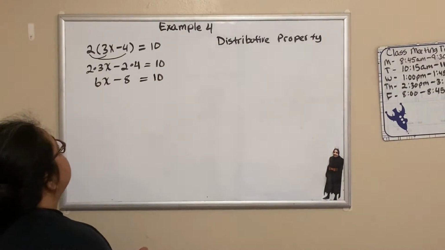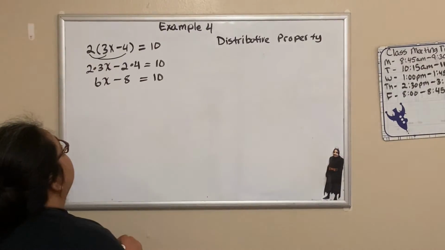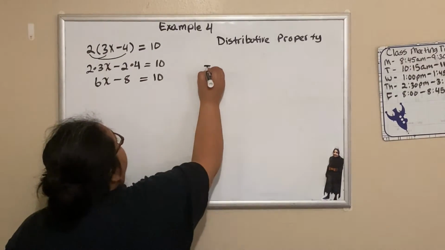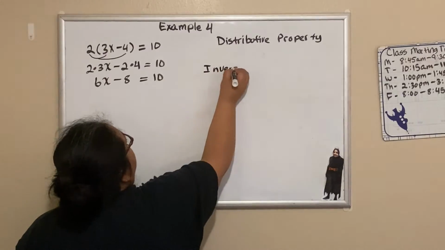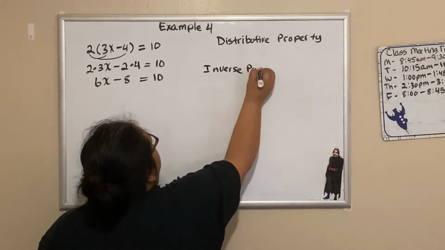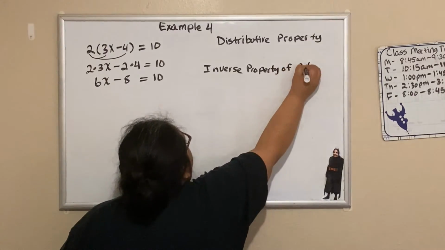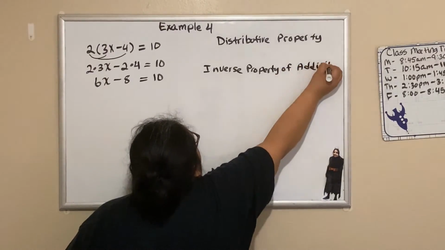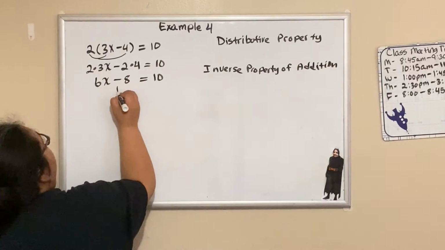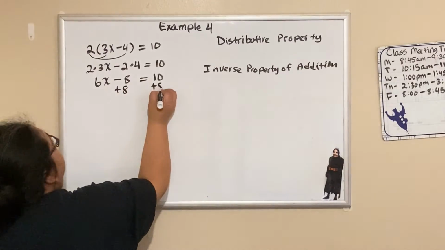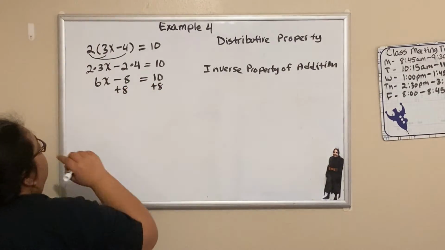And now we can use the inverse property of addition. And we're going to add 8 right here because this is a negative 8, so we're going to add 8.